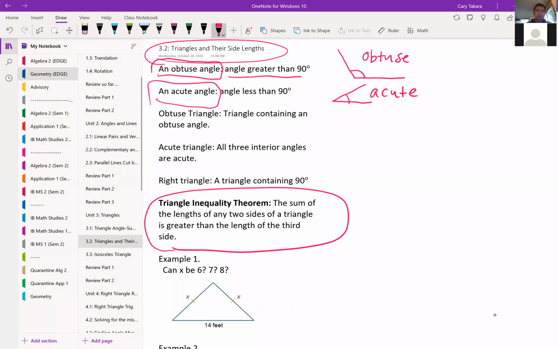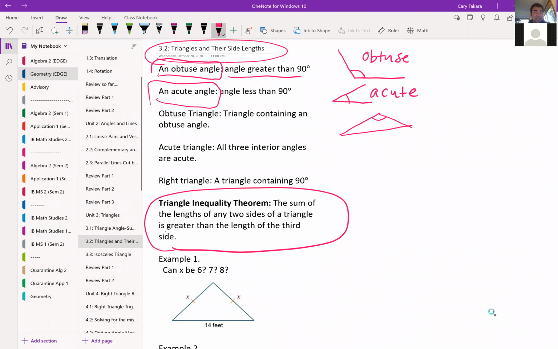Okay. And so if I said we have an obtuse triangle, what does that mean? Well, it's a triangle that has an obtuse angle in it. So for example, something like that, right? The triangle has an obtuse angle. And if I said we have an acute triangle, now what does that mean?